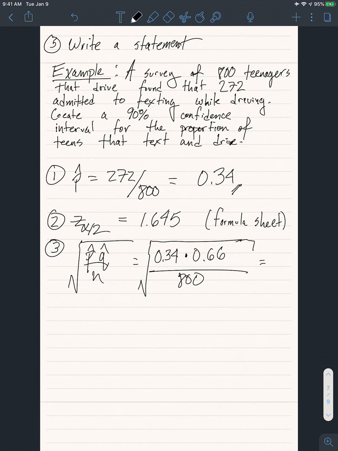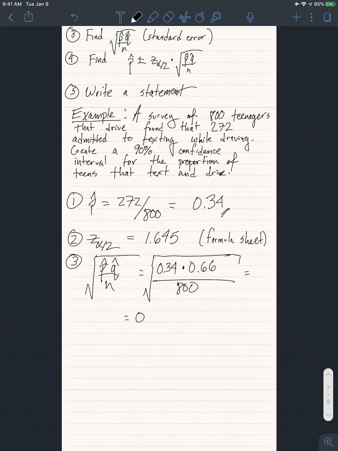Another common issue is that some calculators introduce a parenthesis first, and some students will close it after the 0.34, which closes the square root, but the whole thing is under the square root. And so 0.34 times 0.66 divided by 800, all under one square root, gives a standard error of 0.017, after rounding.